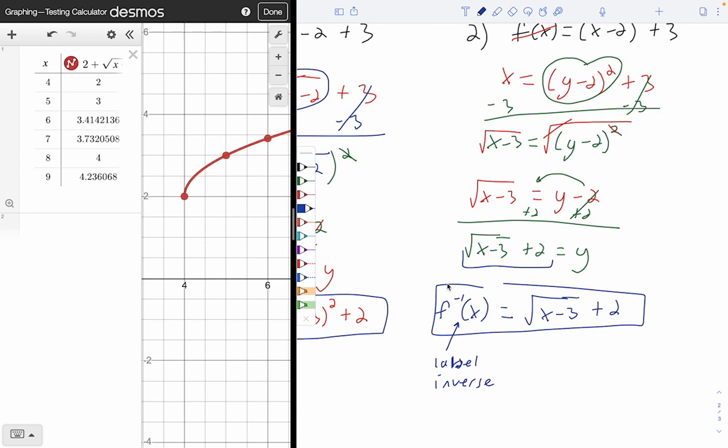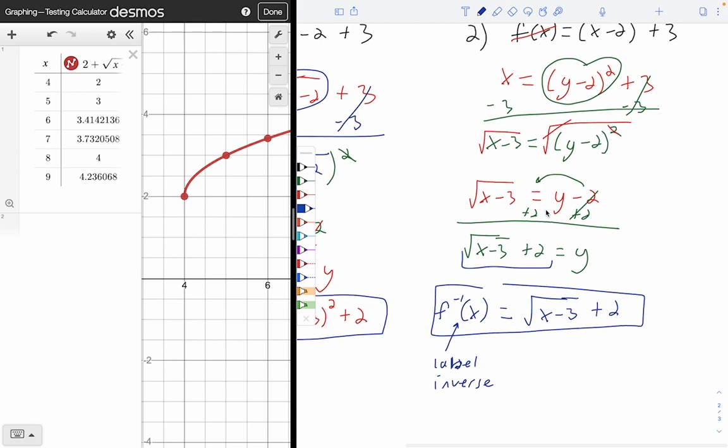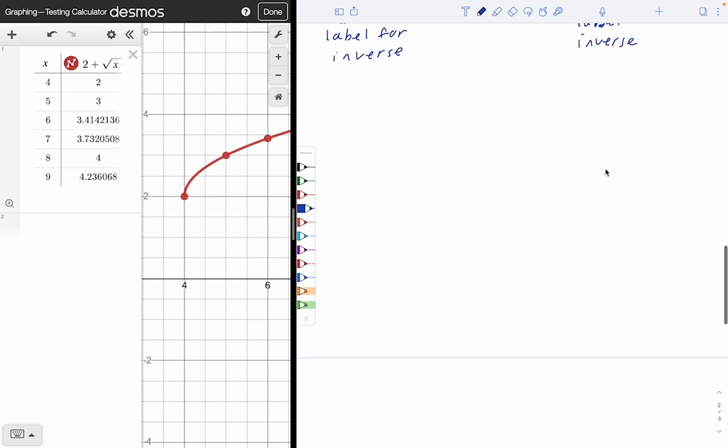Okay. With the time that remains, I'm going to have y'all try 2 on your own, and that'll be it for today. So number 3, f of x equals negative 1 plus square root x plus 2.